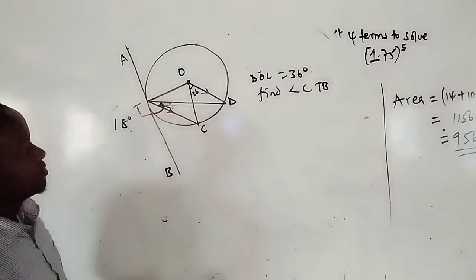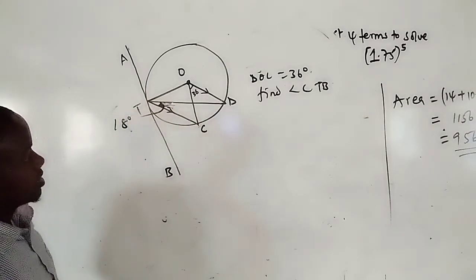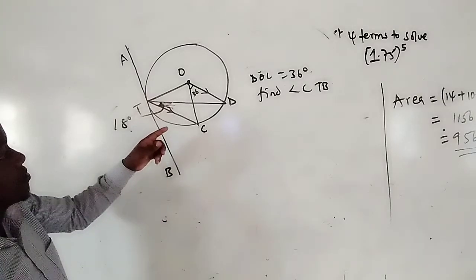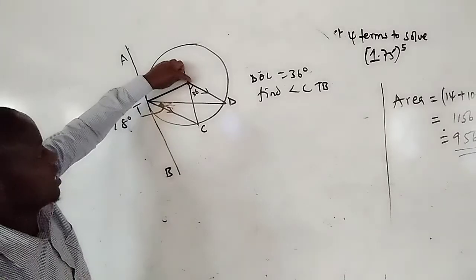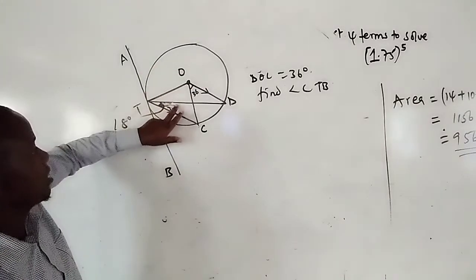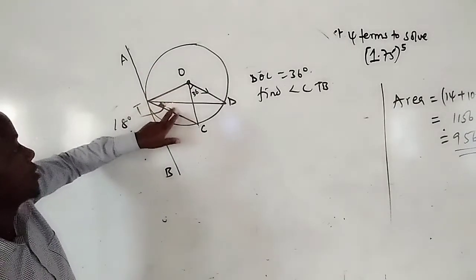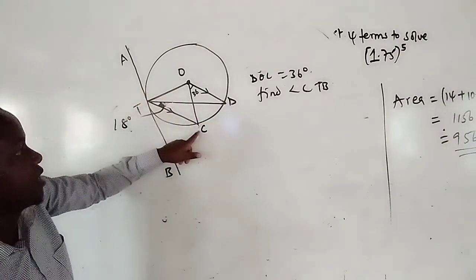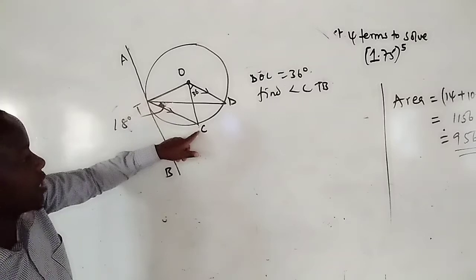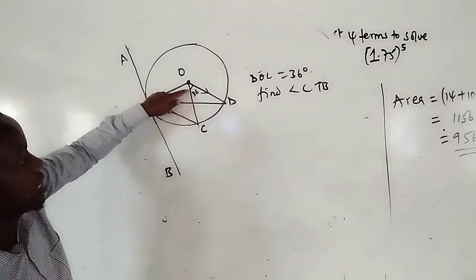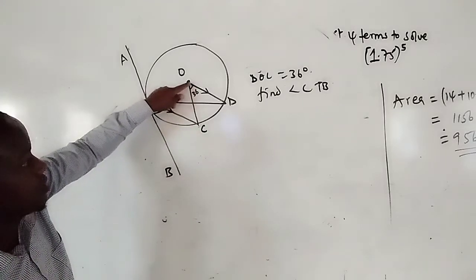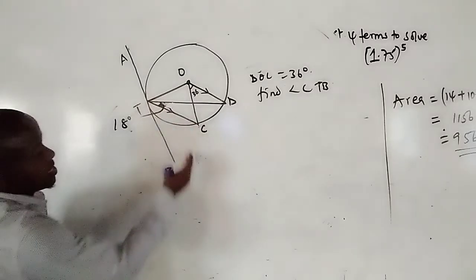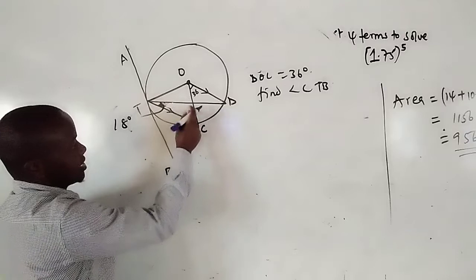Then again, we should know that because this line and this one are parallel, lines OD and TC are parallel, CD should be a transversal, meaning that the angle here is also 36.